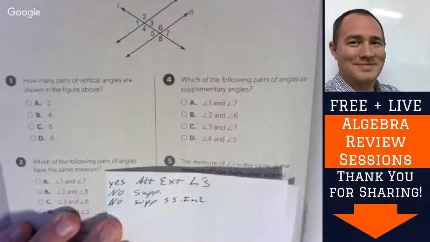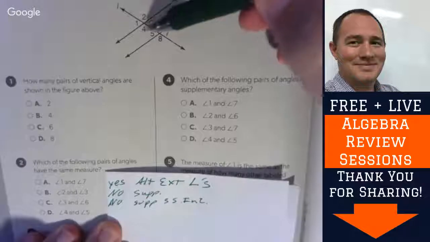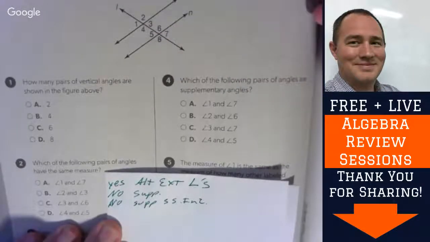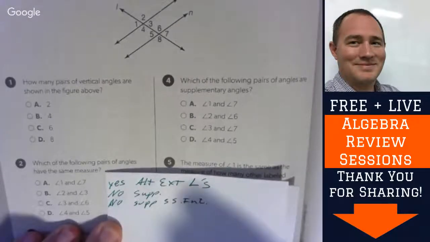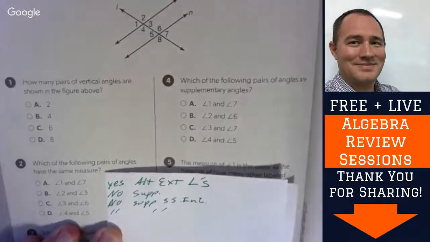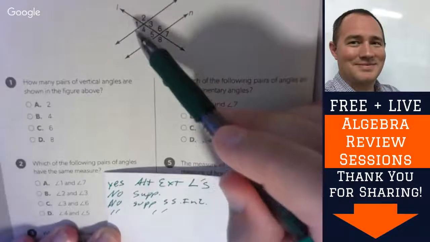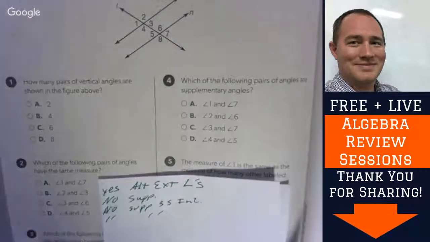So far it's just 1 and 7 have the same measure. How about 4 and 5? Oh, that's the same reason, right? 4 and 5, they are interior angles on the same side of the transversal. So it's for the same reason as what we put up here. So the only pair that have the same measure would be 1 and 7, alternate exterior angles.